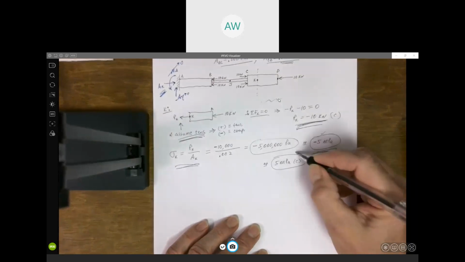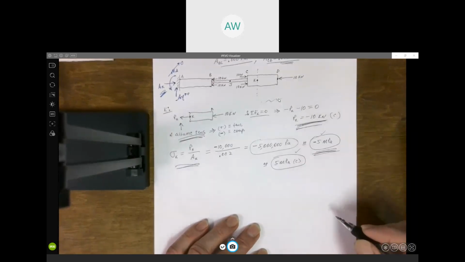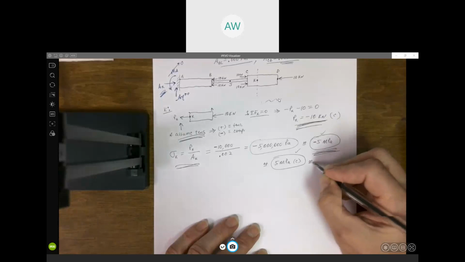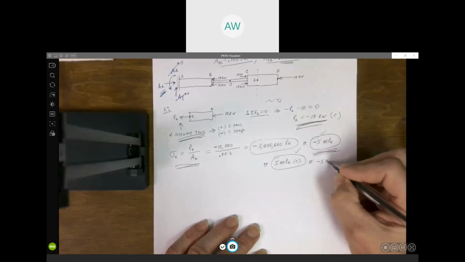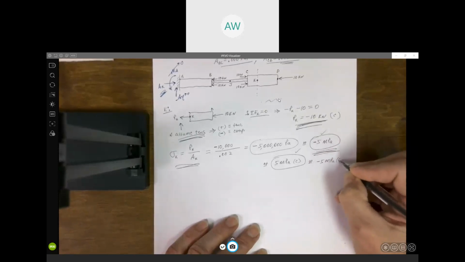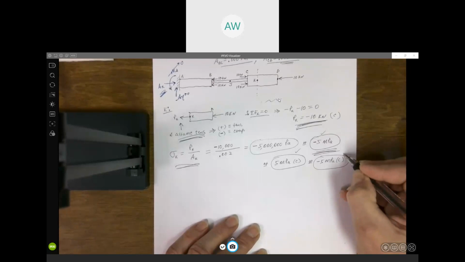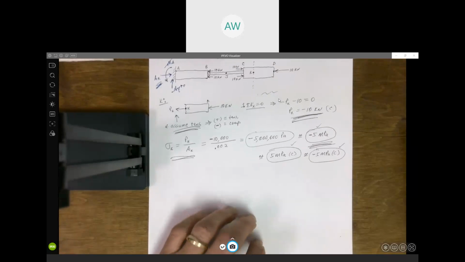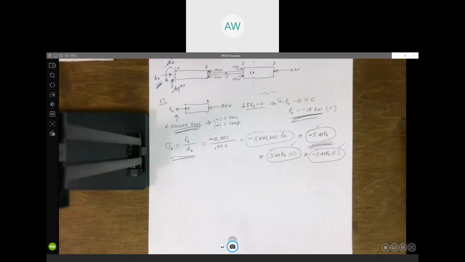So this is good, this is good. If you want to do both, that's okay too. If you wrote it as minus 5 megapascals and put a C out there, that's good too. That never hurts to over communicate. But somehow or another, you've got to indicate that this is compression.